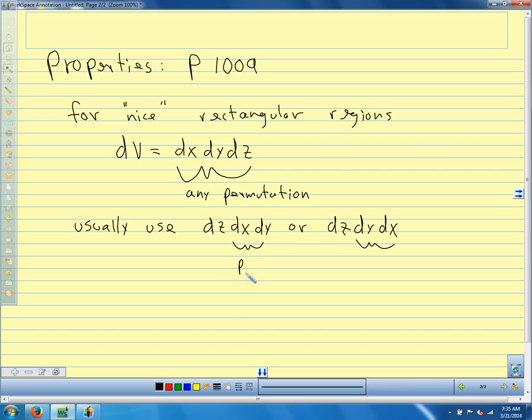So this is R in the xy plane. When we evaluate our integrals in this order, we evaluate that first integral with respect to z, and then we just have our familiar double integral that we evaluate over a region R in the xy plane. So that's why we usually evaluate them in this order.